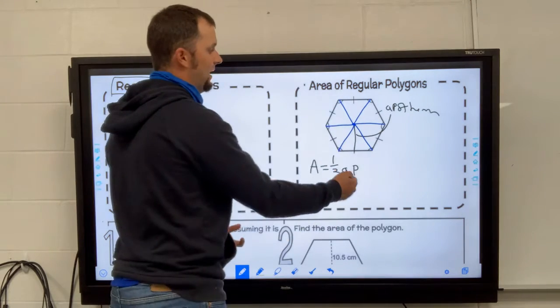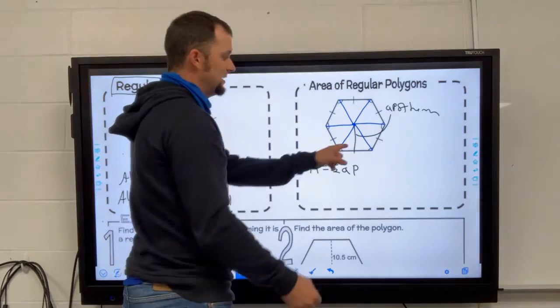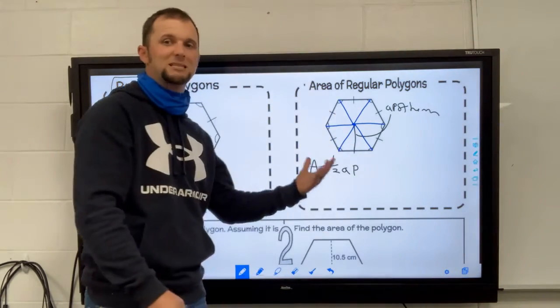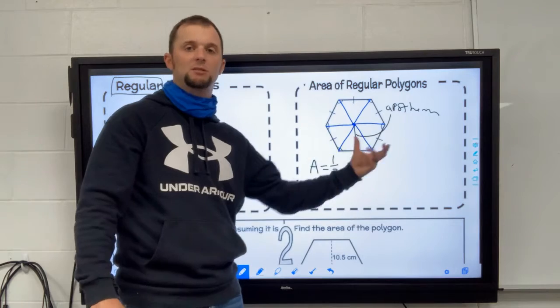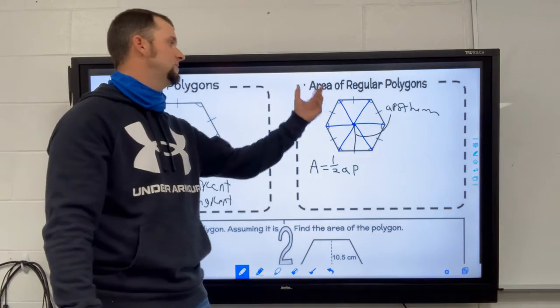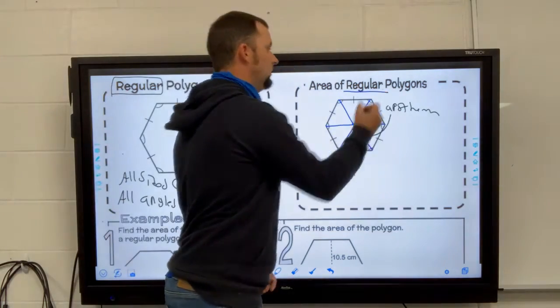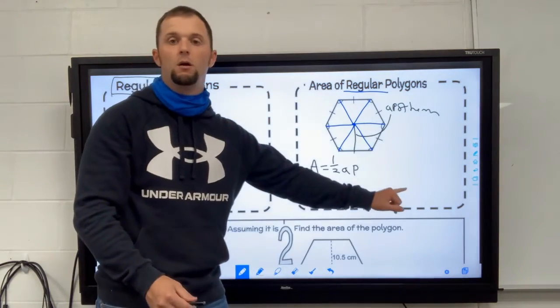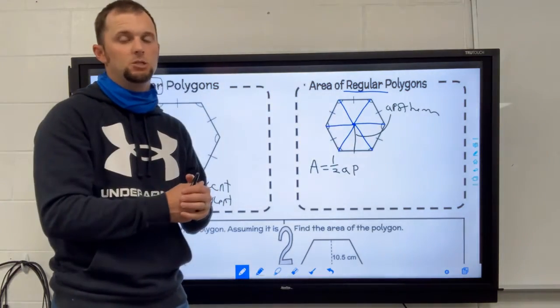And then I'm going to multiply that times the height, which in this case is known as my apothem. So that's the reason why this formula works, because I'm basically tying a bunch of triangles together to create one formula. So again, all you need to know is the area of a regular polygon is 1/2 the apothem times the perimeter. And that's all you got to plug in, ladies and gentlemen, okay?